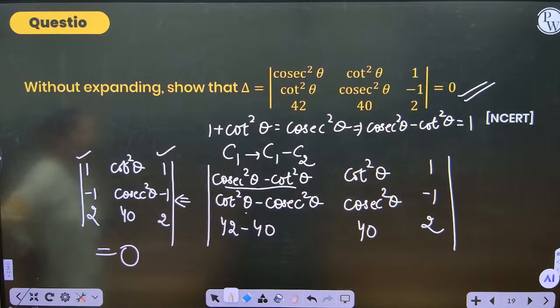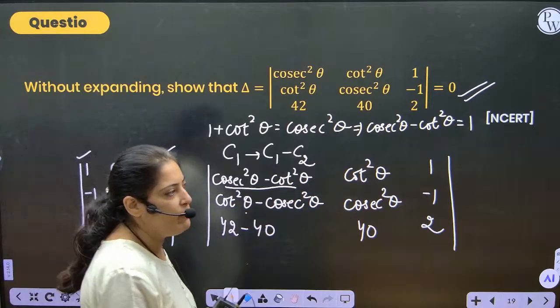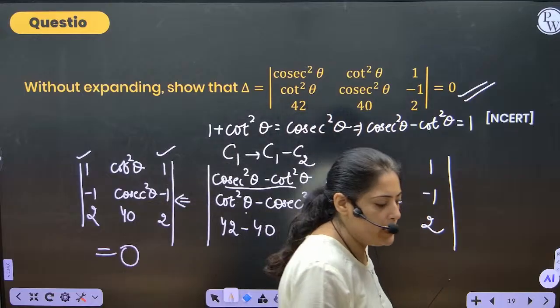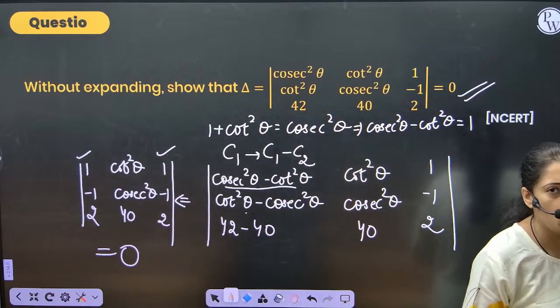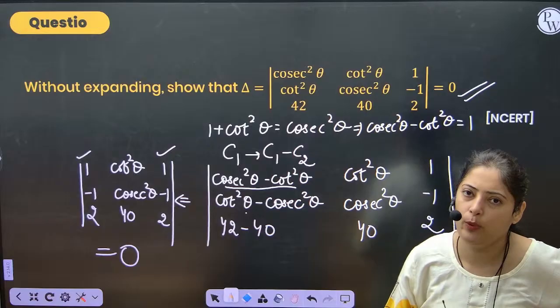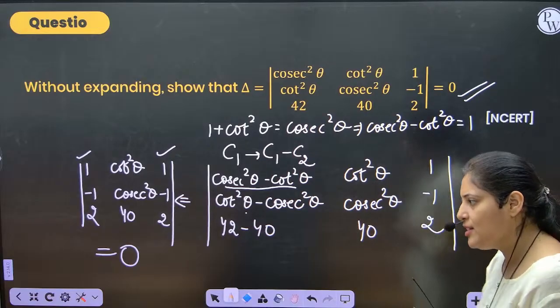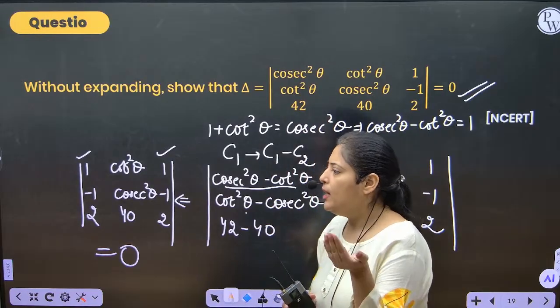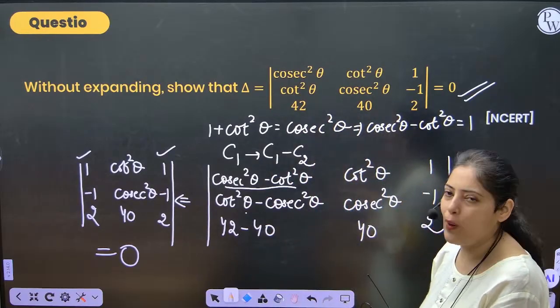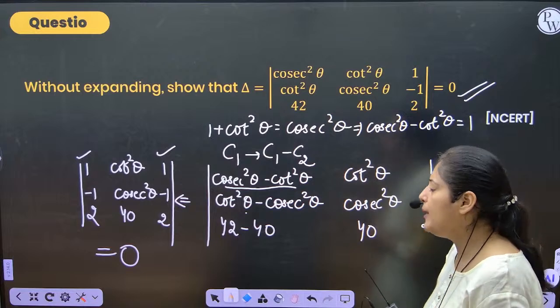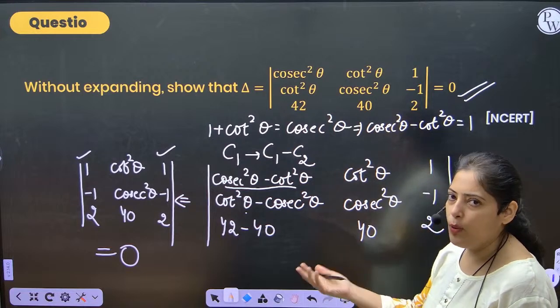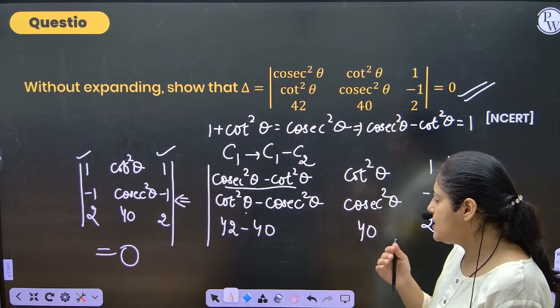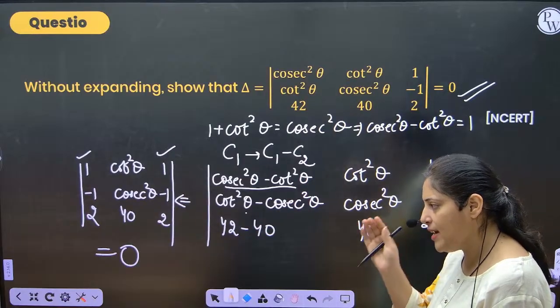So for today, these many questions we have done on the basis of the properties: how to apply the properties, when to add, when to subtract, which to add, which to subtract, columns, rows. Just go through the questions once again, see the video once again, and whatever doubt is there, get it clarified, because doubt should not be carried to the next day.